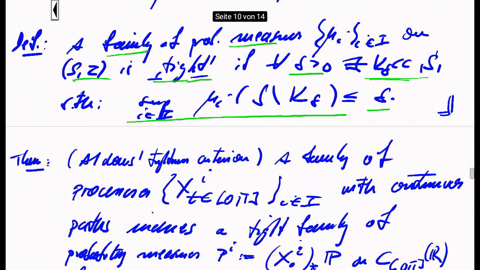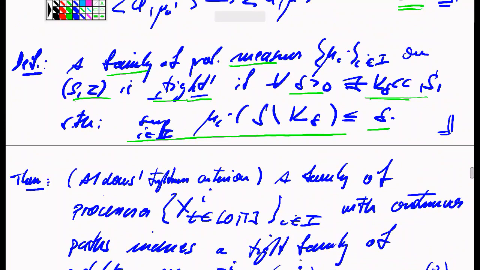So if that's the case, then we call this family of probability measures tight.